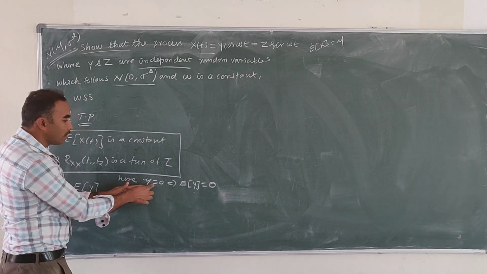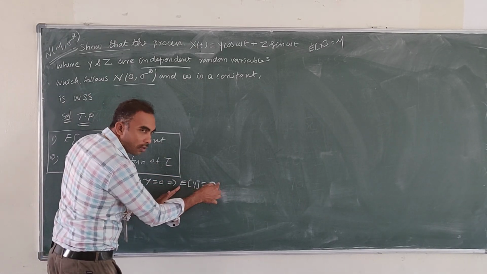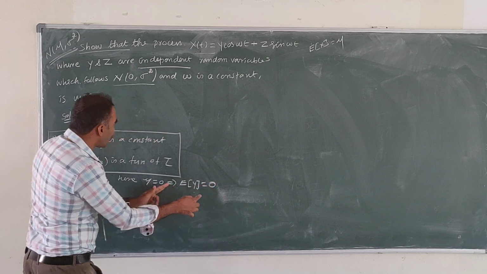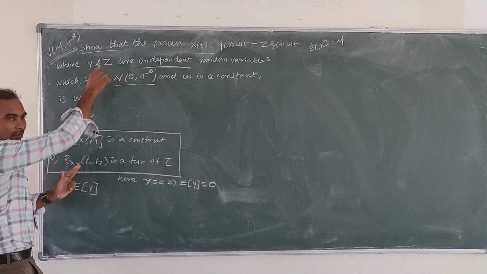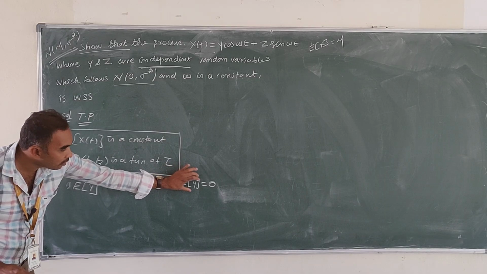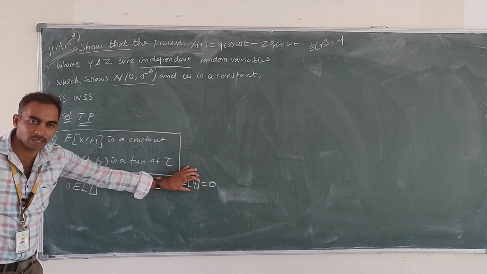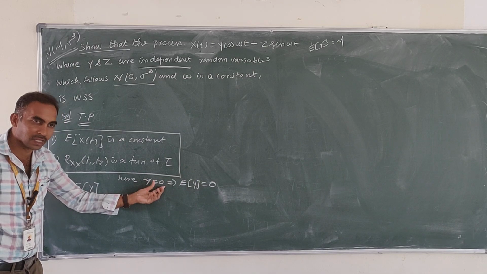Here they have given mean equal to 0, so the expectation of Y equals 0. Like that, the expectation of Z is also 0, because the expectation of a random variable represents the average, that is the mean. The mean is 0, directly given.